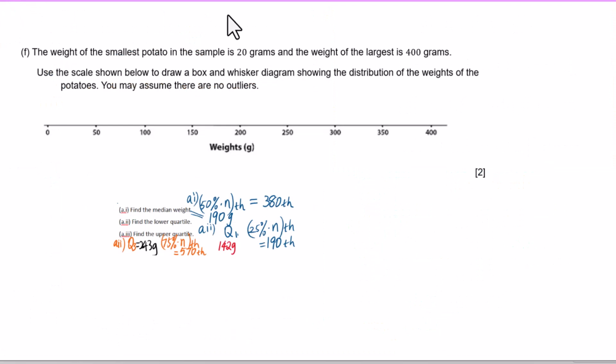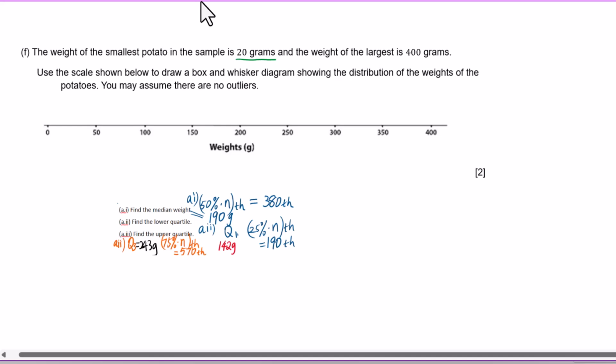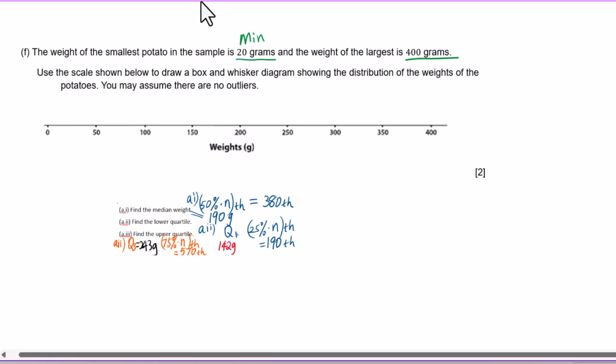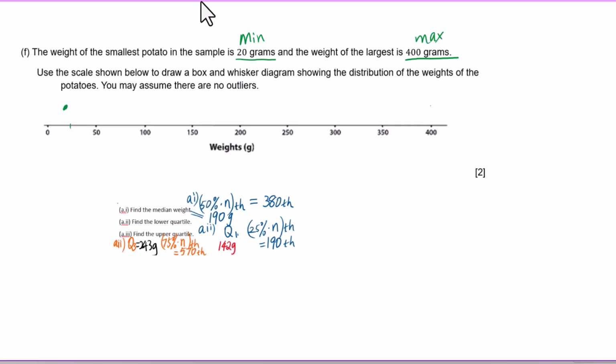Let's go to F. The weight of the smallest potato in the sample is 20 grams, and the weight of the largest is 400 grams. Use the scale shown below to draw a box and whisker diagram showing the distribution of the weights of the potatoes. You may assume there are no outliers. Minimum is 20, maximum is 400. This is 25, so we estimate 20 is here and 400 is here.